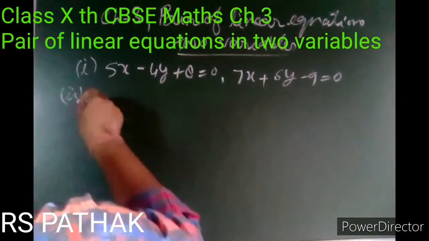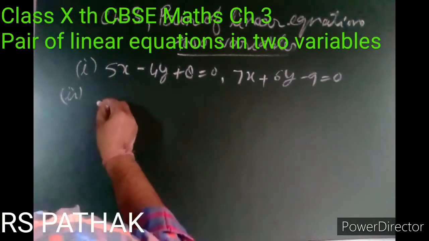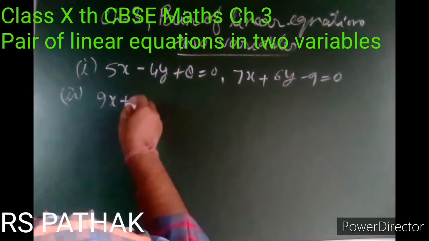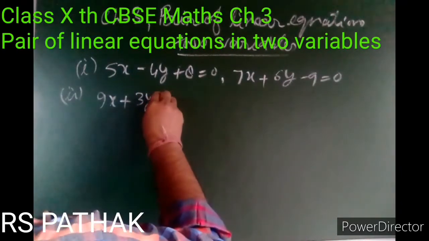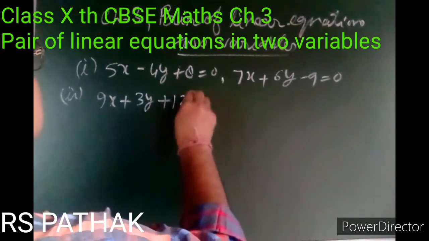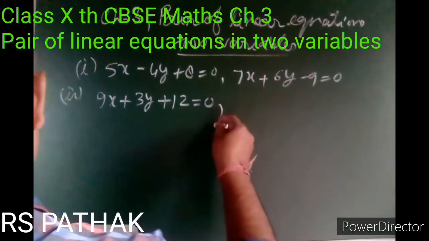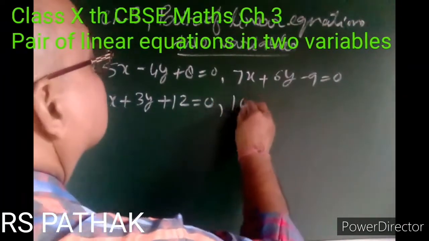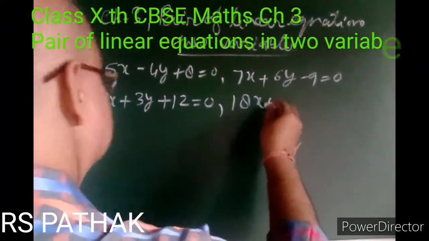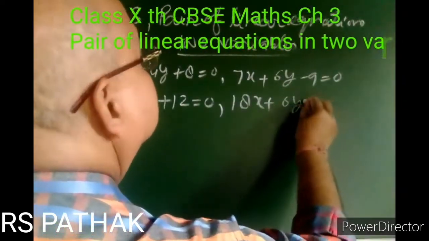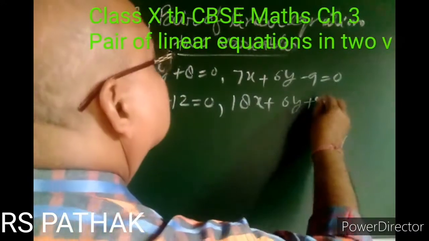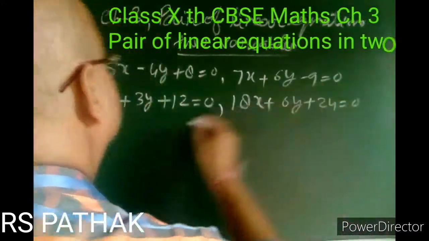Number 2 is 9x plus 3y plus 12 equal to 0 and 18x plus 6y plus 24 equal to 0.